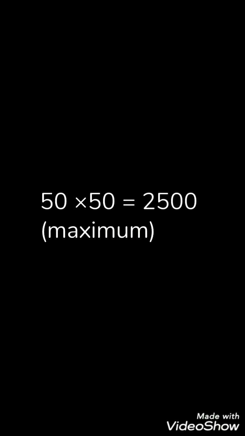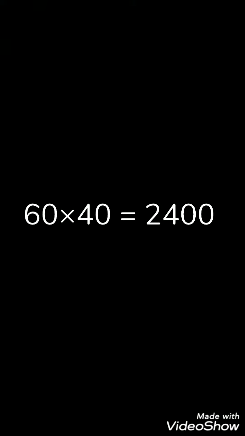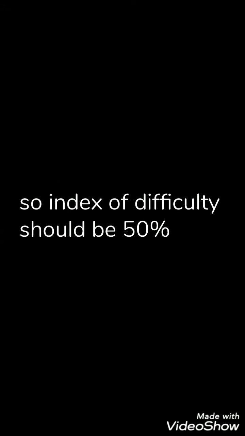The total number of comparisons is therefore 50 into 50, which is 2500, which is the maximum. Likewise, if an item is passed by 60%, the comparisons would be 60 into 40, which is 2400. Thus, the best item in terms of comparison or variability is the item whose index of difficulty is 50%, or 0.5.